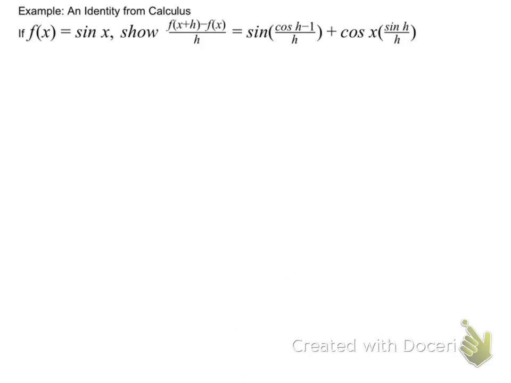If f of x equals sine of x, show that f of x plus h minus f of x all over h is equal to sine of x times cosine of h minus 1 over h plus cosine x times sine of h over h. I see that we need to add something here.